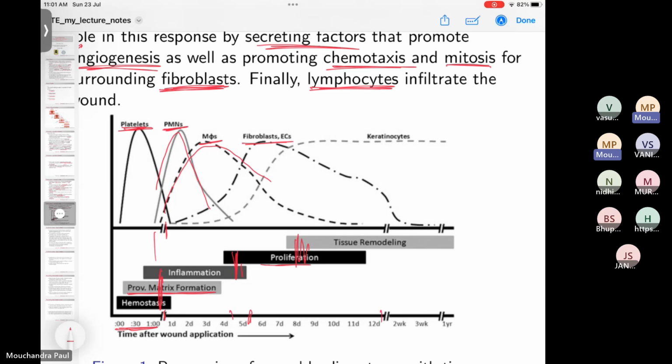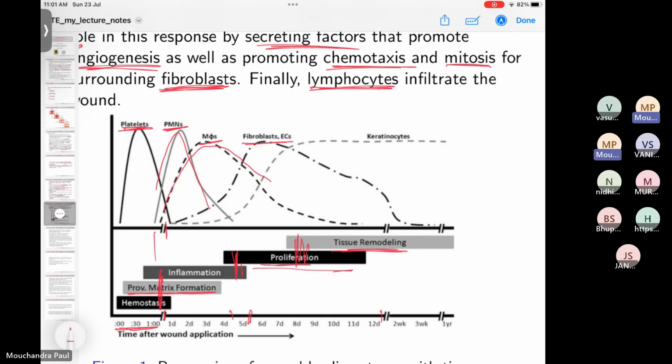This proliferation phase goes on for 10 days or a few weeks, so it's a long process. If the wound is big, then the proliferation phase will last even longer. And lastly, the tissue remodeling, where the scar formation will happen.